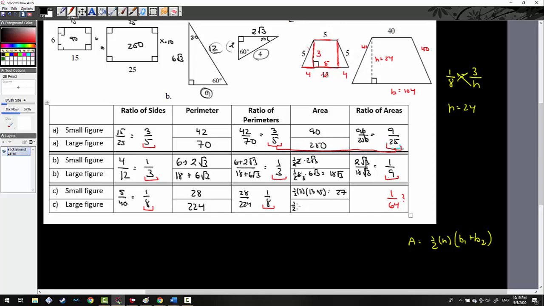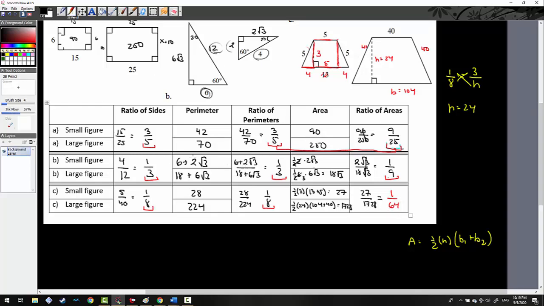And then 1/2 height, which is 24, base 1 plus base 2, 104 plus 40. That's going to be 1728. 27 over 1728, and actually, believe it or not, that reduces into 1 over 64, making this ratio valid.